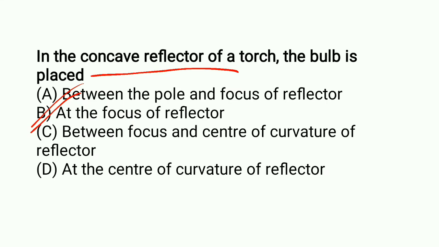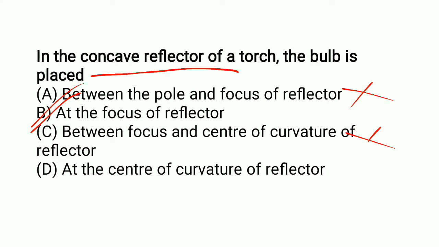See, if we have kept the bulb between the pole and the focus, as we know from the ray diagrams, the image is going to form behind the mirror. Option C, between the focus and the center of curvature: the image is going to form at a larger distance, so this is also not correct.